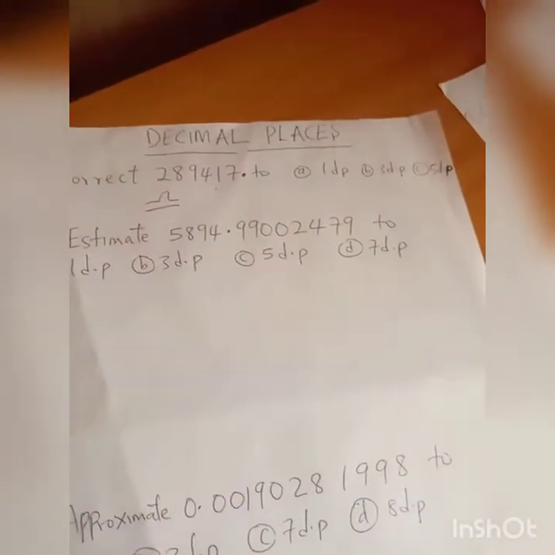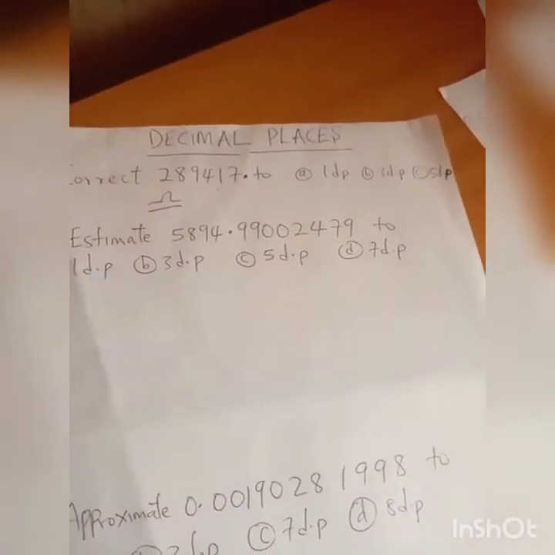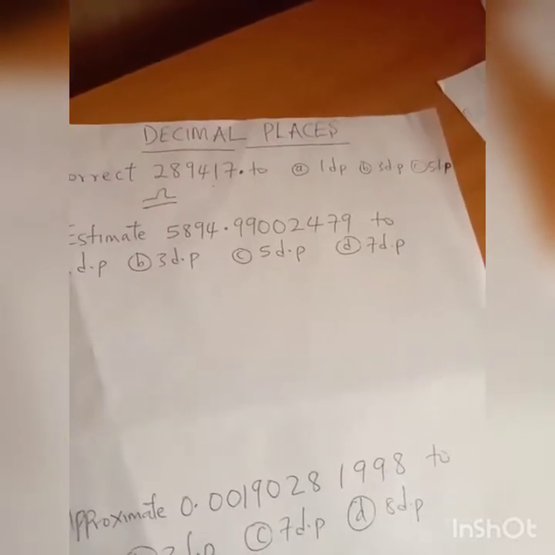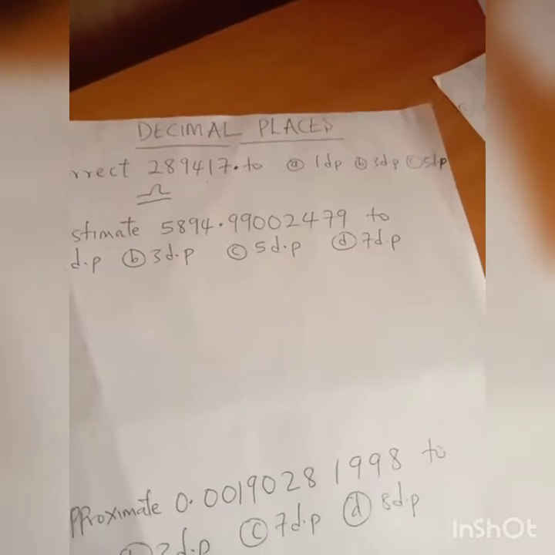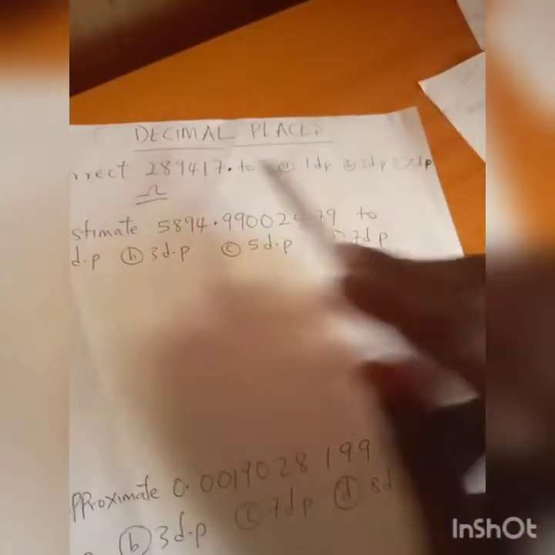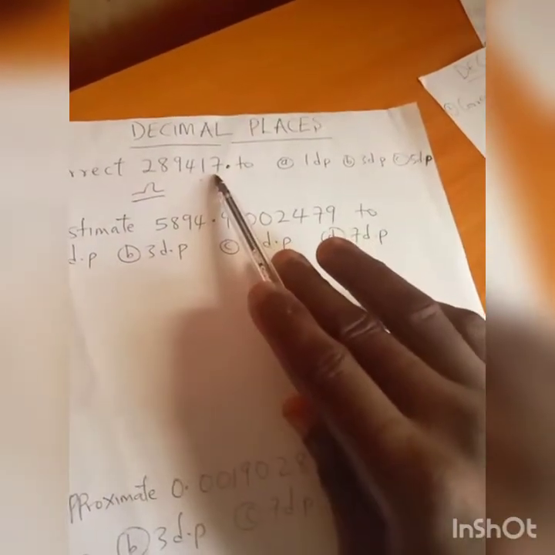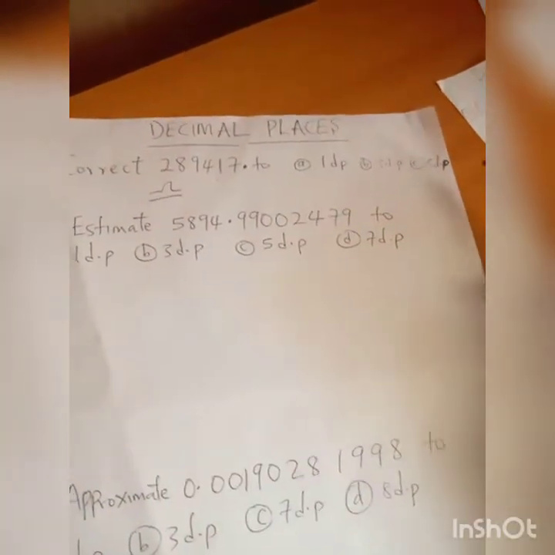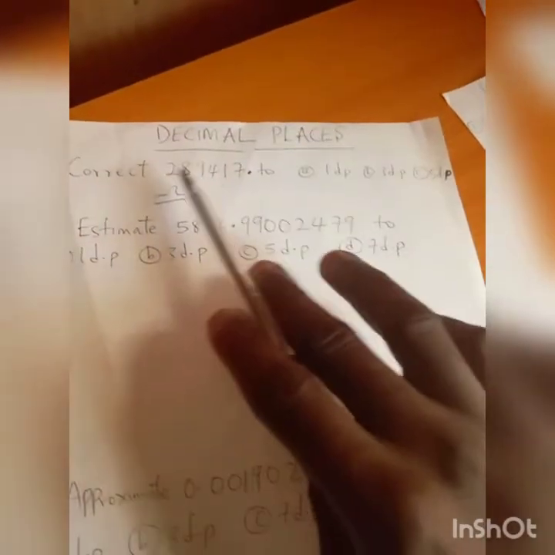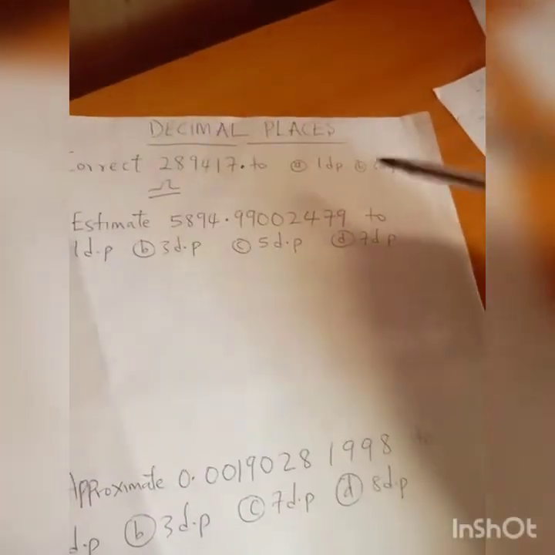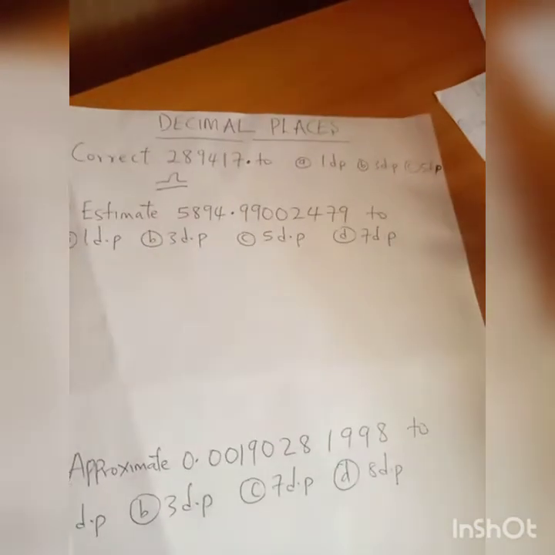Once there is no visible decimal point in between any of the numbers, you can't do approximation to any given decimal place. Take for instance this number, and we are asked to approximate it to one decimal place. You ask yourself, is the decimal point in between any of these numbers? No. You say, I can't do the approximation.